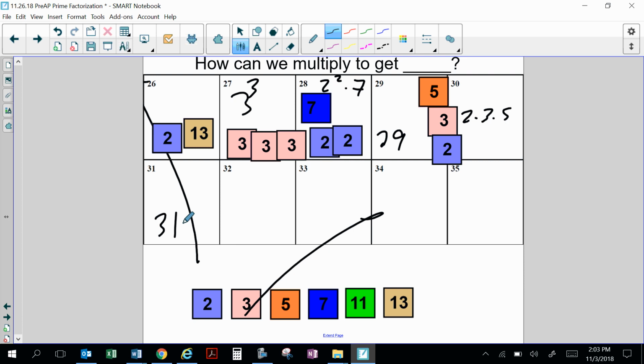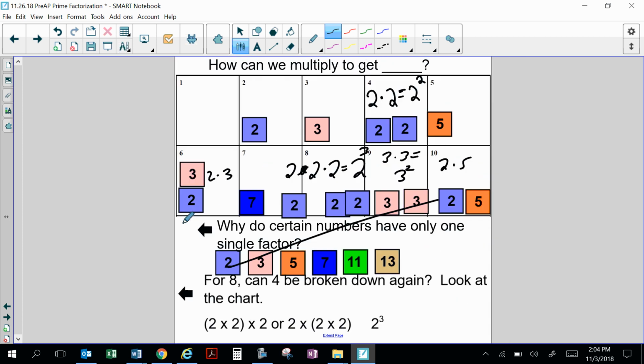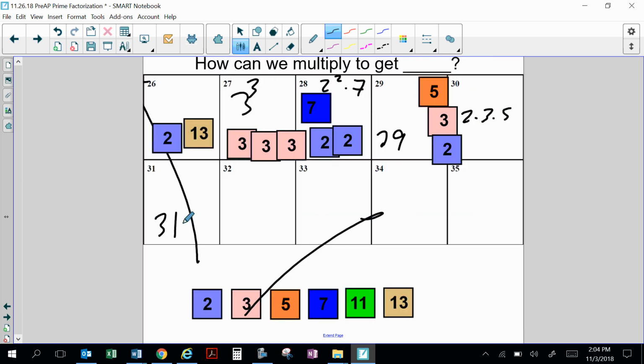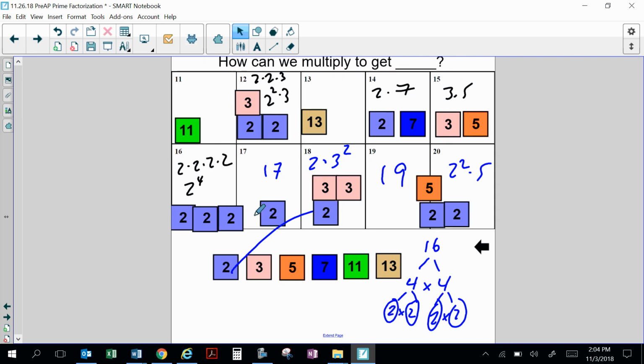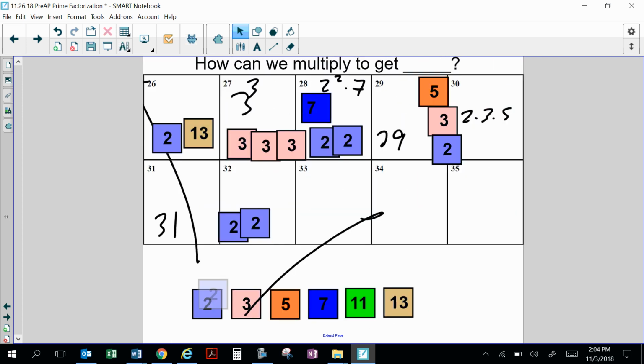How can I represent 32? 4 times 8. And how is 4 represented in this table? 2 times 2. And how is 8 represented in this table? I believe it is 2 times 2 times 2. That's a lot of 2's.